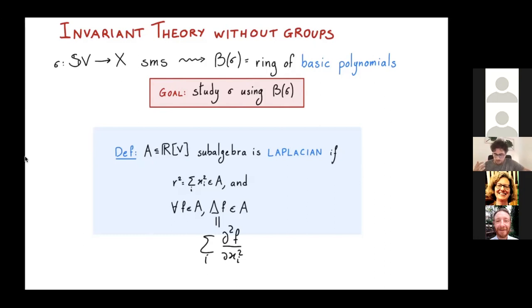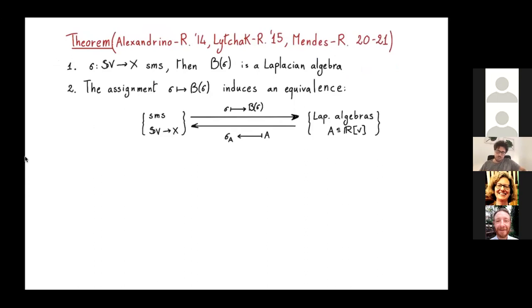Okay, this being said, here is the theorem that I'm going to show. It comes from a collection of results that spans a few years. The results in here do not correspond to specific papers, but they are kind of a mesh of all of those.